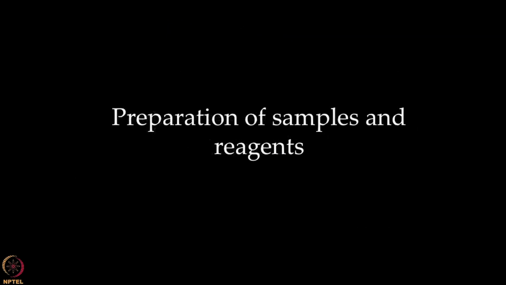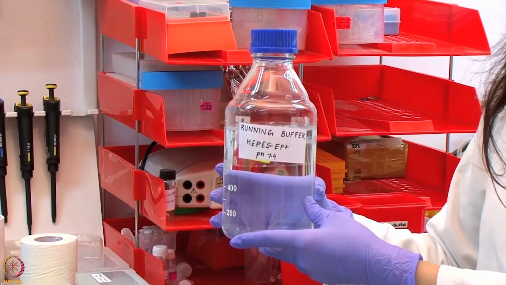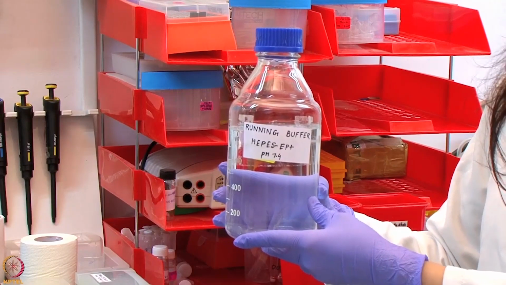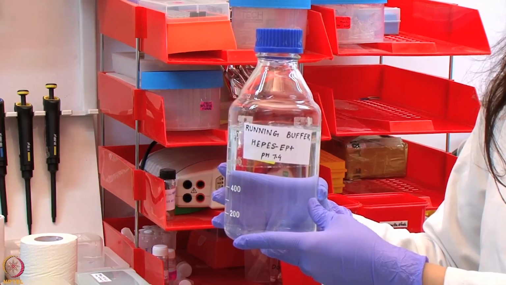We will now work on the reagents required for the kinetic interaction analysis between anti-beta-2 microglobulin and beta-2 microglobulin. Once again, we will be using HBS-EP Plus as the running buffer, which will also be used for the initial startup cycle.